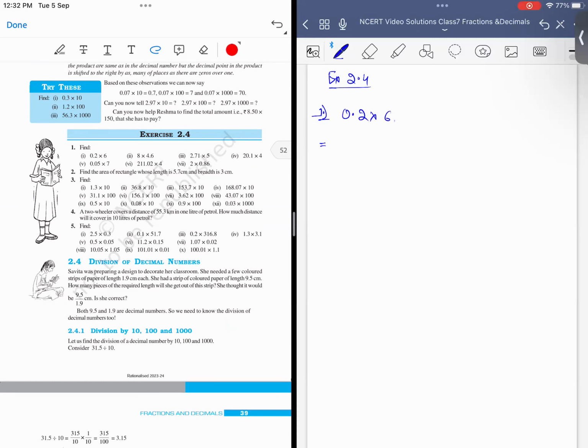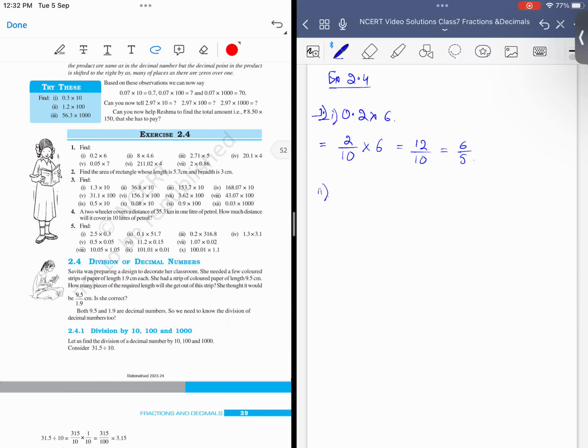Now we know that 0.2 in fraction form can be written as 2 by 10 into 6, and then multiply it. It will be 12 by 10, and if brought in simplest form, it will be 6 by 5. This is the first question. Likewise, we can do the rest also.